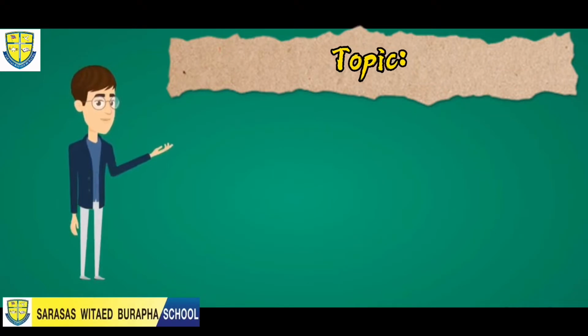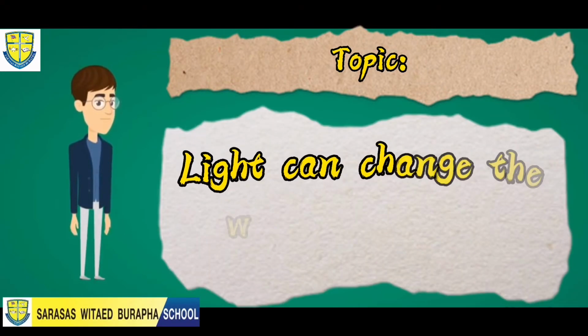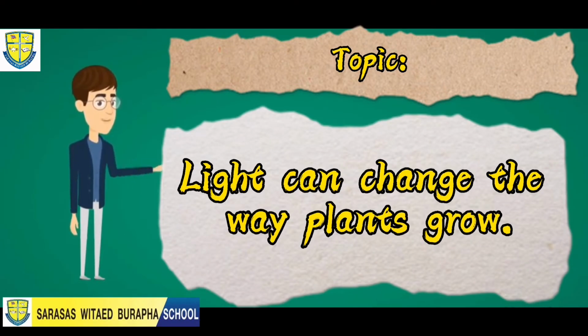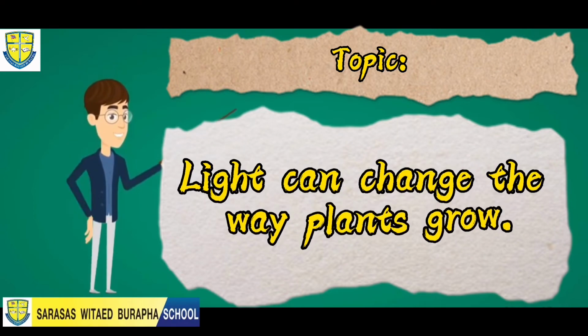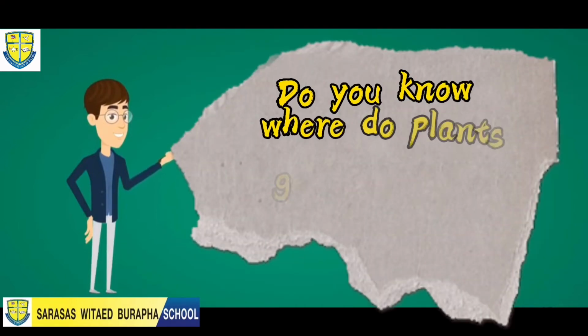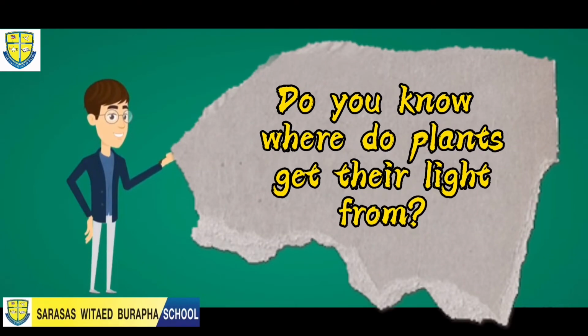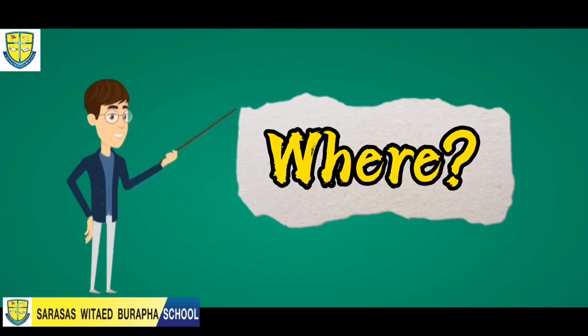Our topic for today is light can change the way plants grow. Again, can we repeat our topic for today? Light can change the way plants grow. Do you know where plants get their light from?